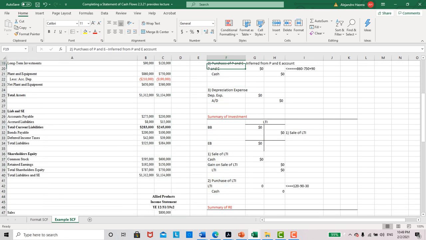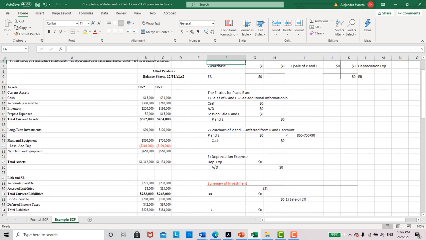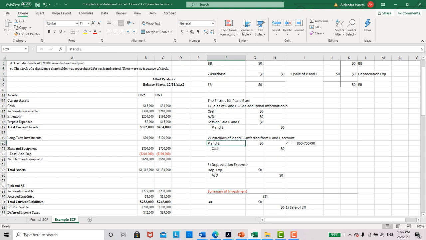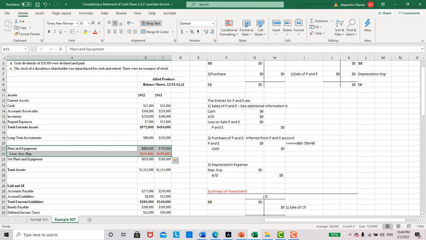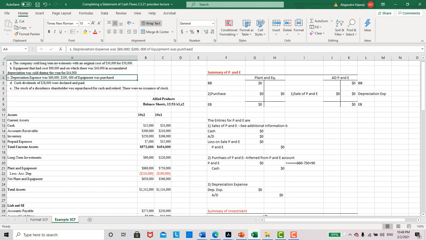And I'm going to focus in on this section right here. I'm going to focus in on the plant and equipment, the beginning balance and the ending balance for plant and equipment, and the beginning balance and the ending balance for accumulated depreciation. Okay, so here's what I'm going to do.